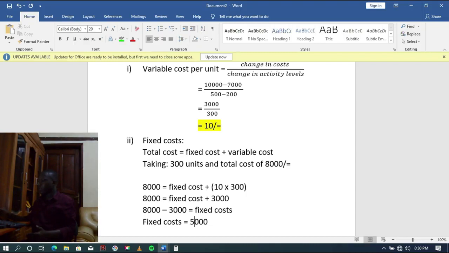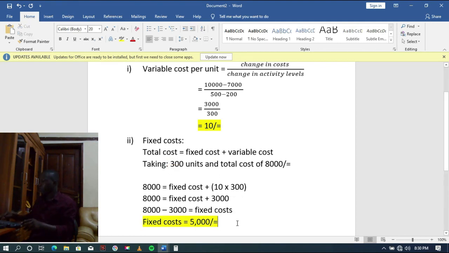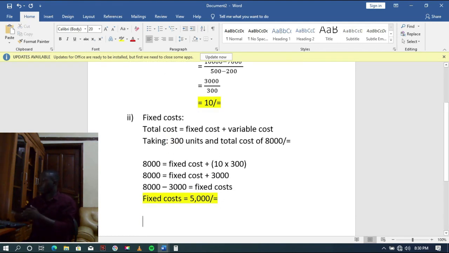Now the variable cost is 10 shillings per unit, but we are producing 300 units, so 10 times 300. If you produce 300 units, then how much will be the total variable cost?